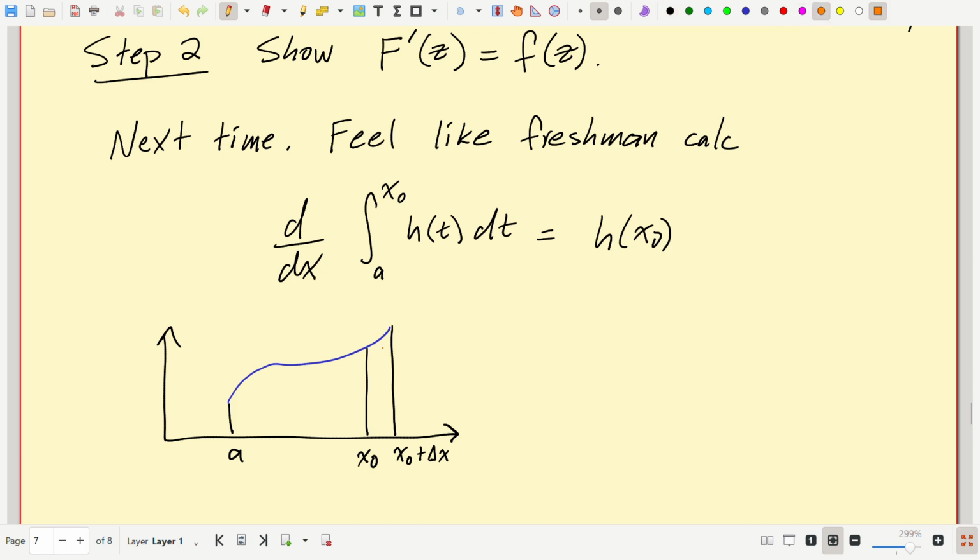Those would represent areas, and when I subtracted them, I get this little thing here. Because h is continuous, when I divide by delta x, it's the height of that little thing. That area divided by delta x is approximately the height of that rectangle, and that's approximately h of x naught. So that's the freshman calculus proof of the fundamental theorem of calculus. It's a fun lecture because everybody believes it's true. It's going to feel like that.